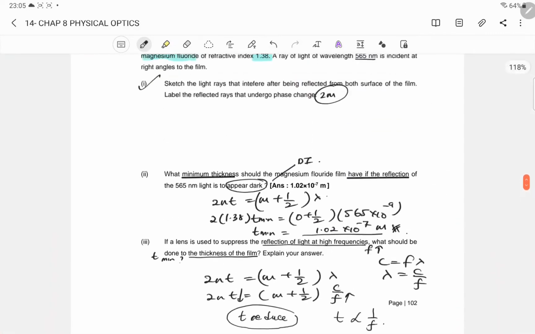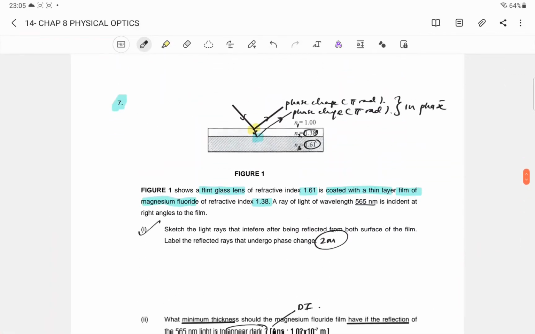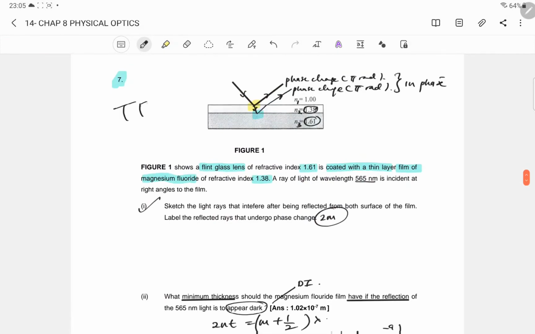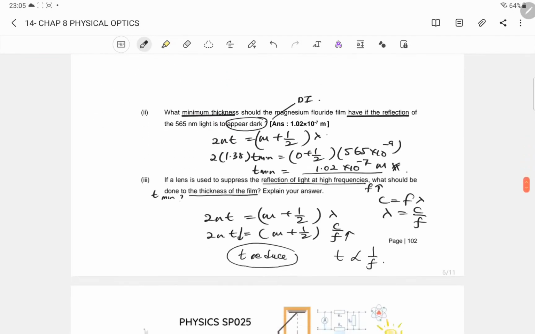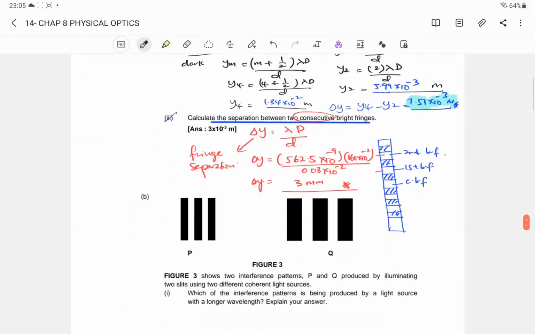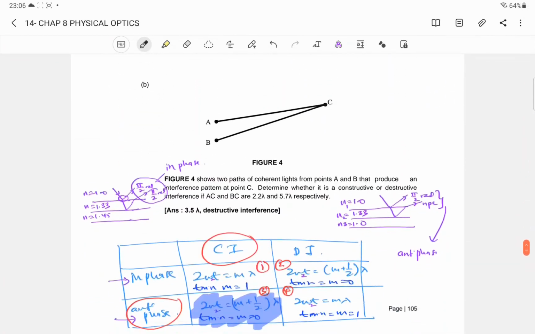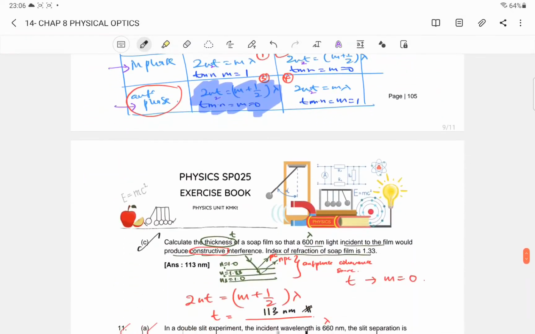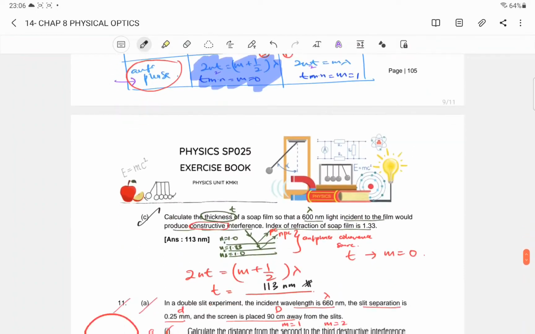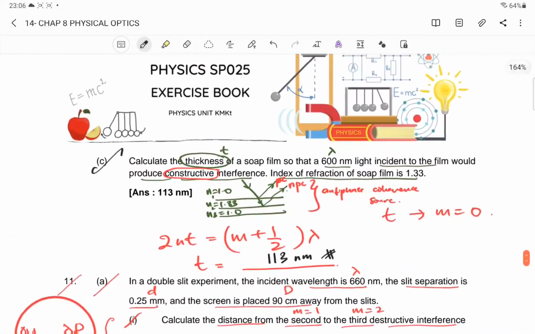Okay, ni soalan number 7, untuk kita punya thin film. Okay, kita cari lagi soalan untuk thin film. This one yang c. Okay, this one.